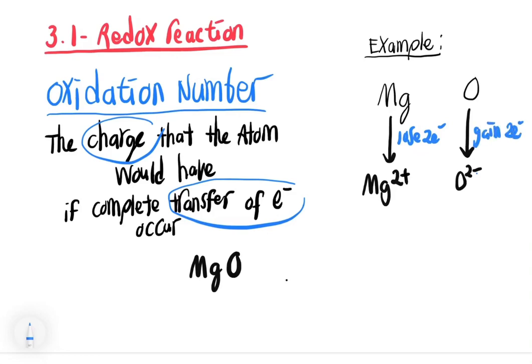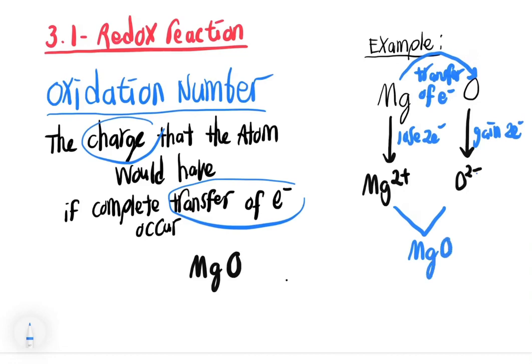What is effectively happening is magnesium transfers its electron to oxygen, so that both magnesium and oxygen achieve stable octet electron arrangement. Now, both Mg2+ and O2- ion will be attracted to form the MgO compound.